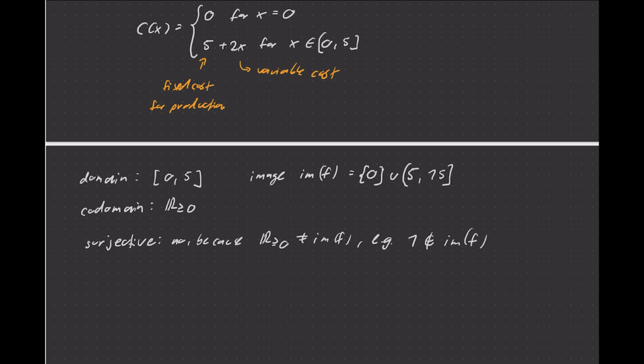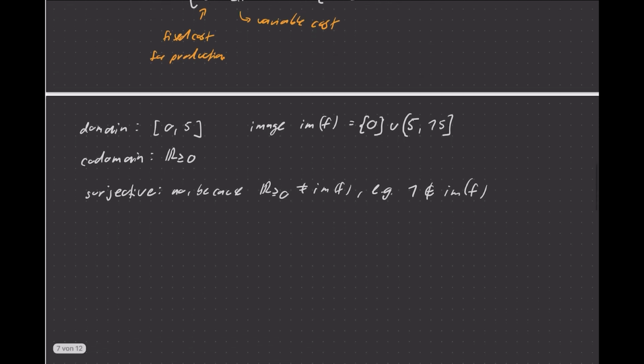If I'm asking you to show that a function is not surjective or is surjective, then please always give a concrete example. If you want to prove it's not surjective, just write down one possible function value that is in the codomain, but is not actually a function value. It's not assumed. And of course, you might have to prove that it's not assumed. In this case, it's easy to see because we have determined the image already.